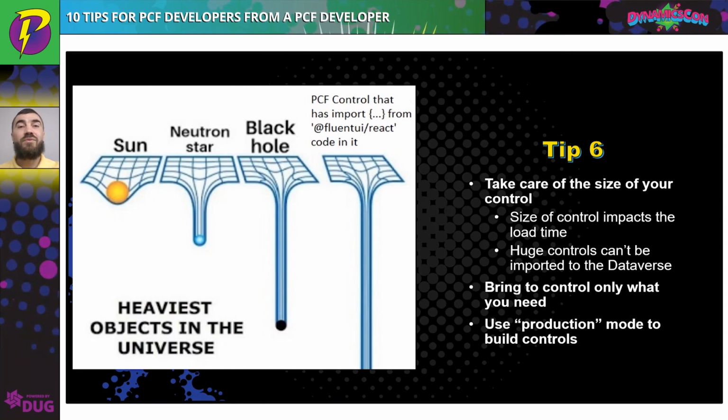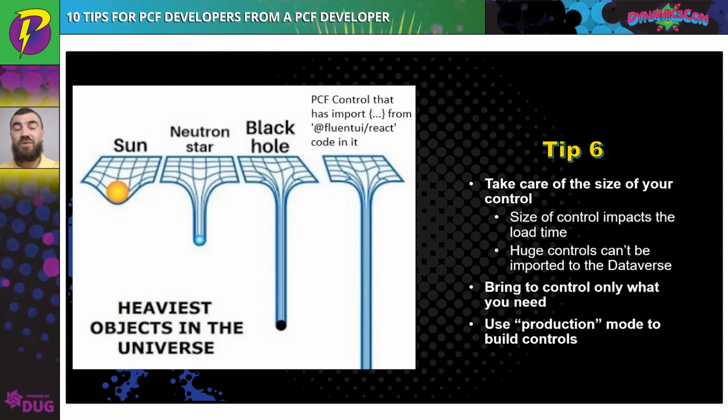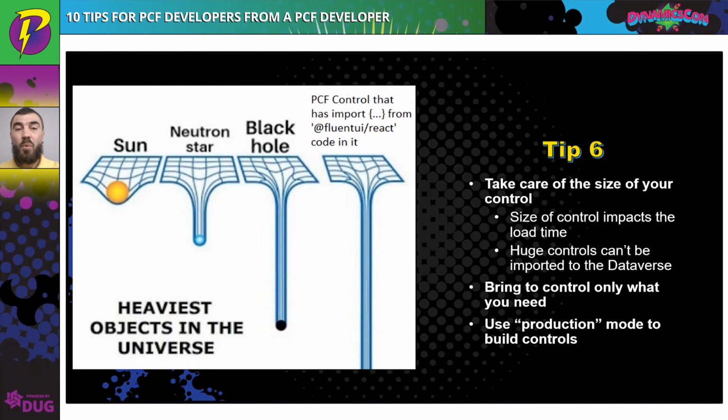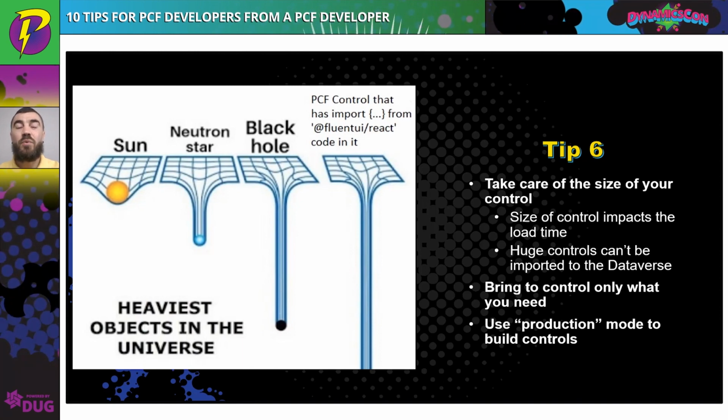So I will share two easy techniques with which you can decrease the size of your PCF control and make your page work faster. So tip number one, or sub-tip if you want, bring to the PCF control only what you need.